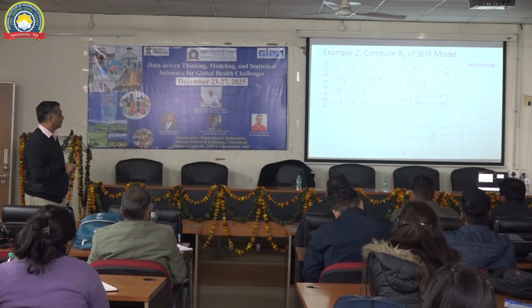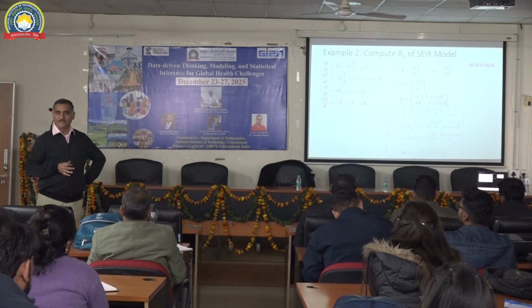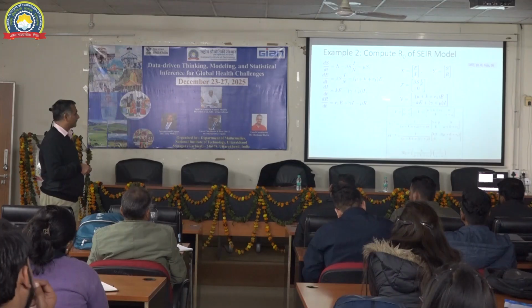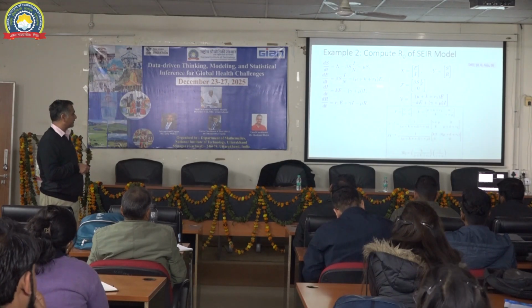And so now you will have F as a new infection. Is that the way you have done it, or did you do it in a different way? Same way, right? But this is a common way to do the next generation matrix.